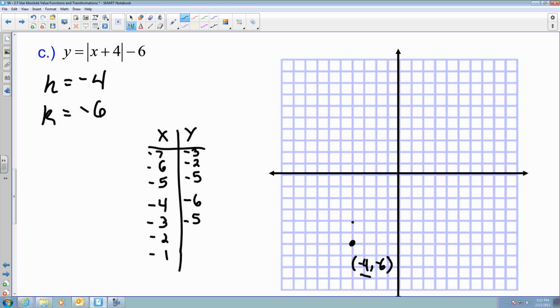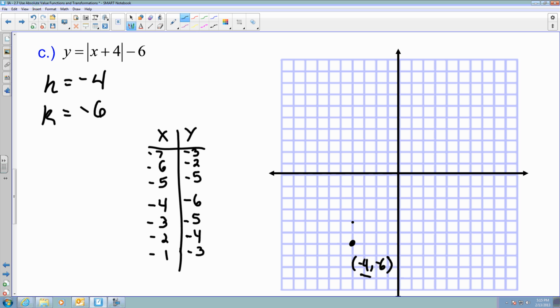And then negative 2 plus 4 is 2, and then minus 6 gives me negative 4. Negative 1 plus 4 is 3. Absolute value of 3 is 3, minus 6 is negative 3.